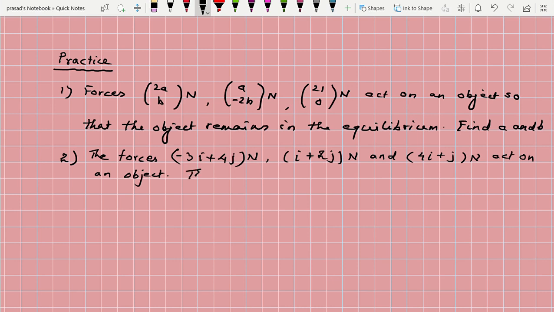The resultant of these forces is R Newton.